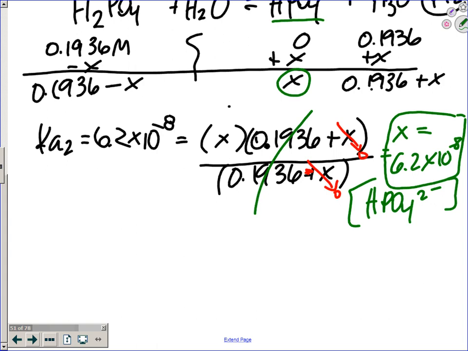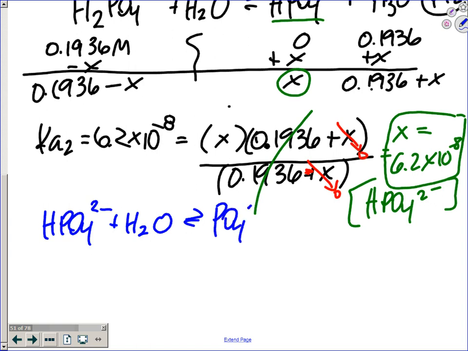Okay, so to keep on going, last one. Let's take our ion, so the second conjugate base that's made, and let's run it through its deprotonation. So HPO4 2 minus plus water yields what? Phosphate. Okay, we have totally wiped all the H's off of that.